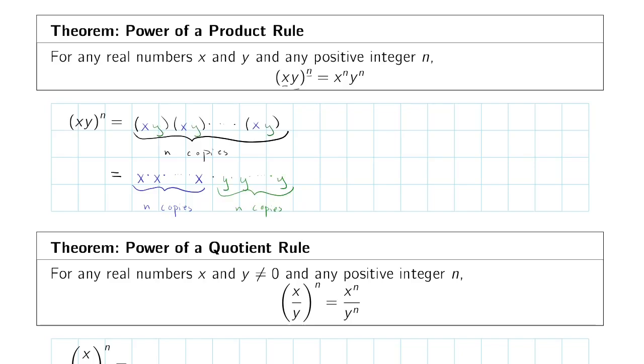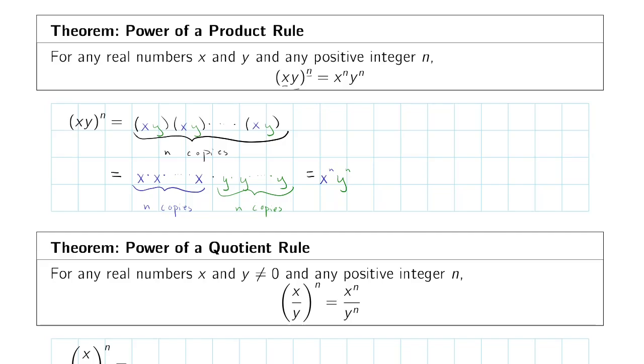And so that means we have x to the n power multiplied by y to the n power. So that rule is just rearranging the factors in the parentheses.